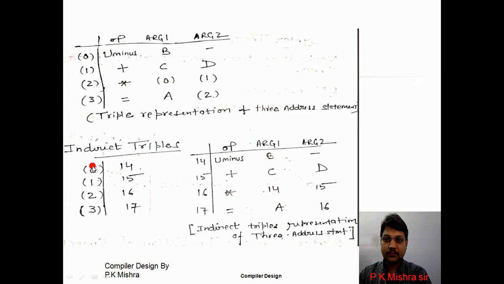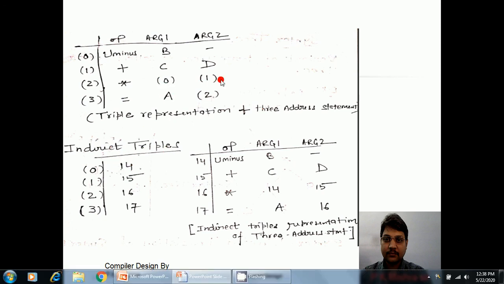We store 0 at some other address, 14. You can take any number here; it's not necessary to take 14, 15, 16, 17. This is the address. We are storing 0 at address 14, 1 at address 15, 2 at address 16, 3 at address 17, and so on.